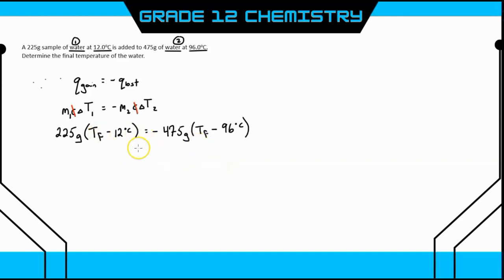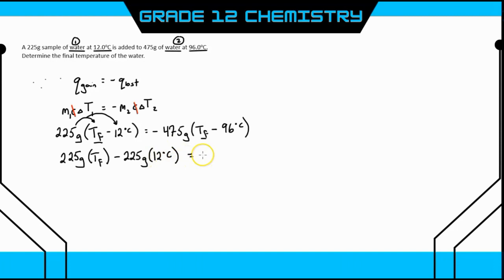So to do that, we need to collect our final temperature terms. Now we have one here and one here. So we're going to have to expand these brackets first. So we're going to have 225 grams. If we multiply this in, like so, we're going to have that times TF, and then we'll have minus 225 grams, because we have a negative there, times that 12 degrees Celsius.